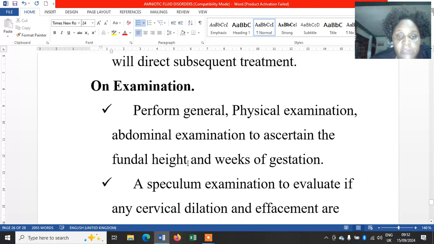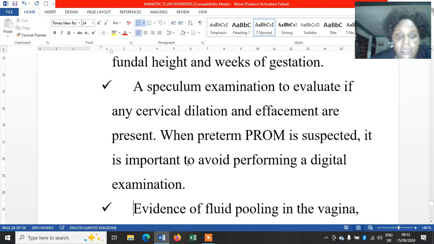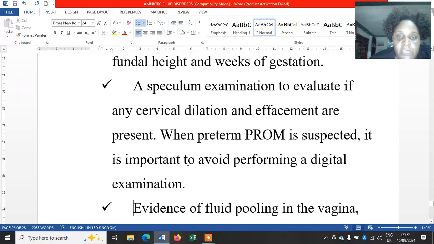So on examination, perform general physical examination, abdominal examination, checking the fundal height versus the gestation age. Speculum examination to evaluate cervical dilatation and effacement should be done.